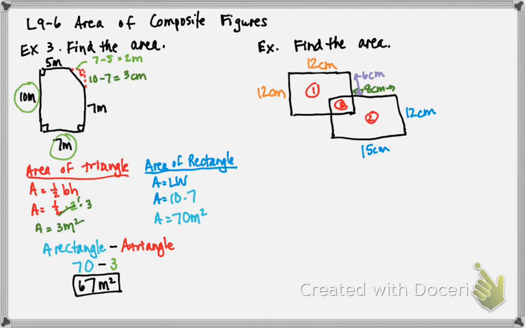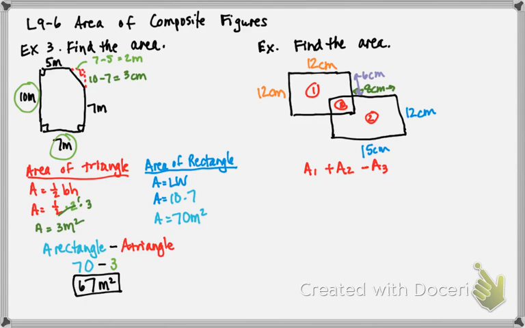So if I add the 2 big areas, 1 and 2 together, I count that Area 3 twice. So we're going to take care of that by removing it. So we have the area of 1 plus the area of the second, and we're going to subtract the area of the third. So that's how we're going to solve this problem.